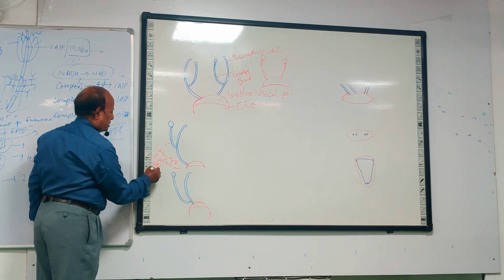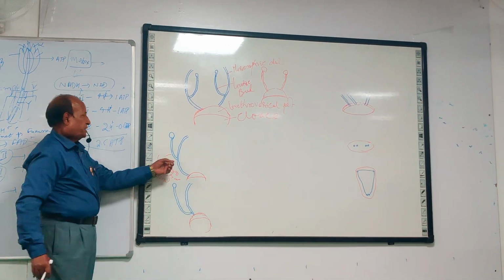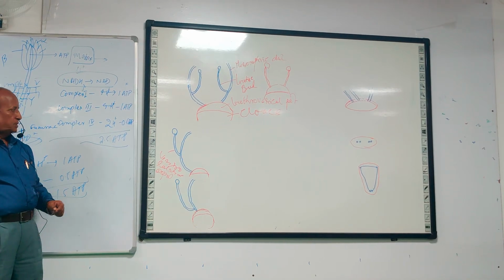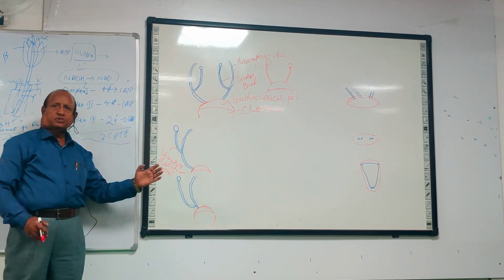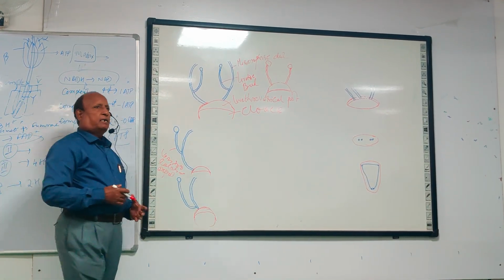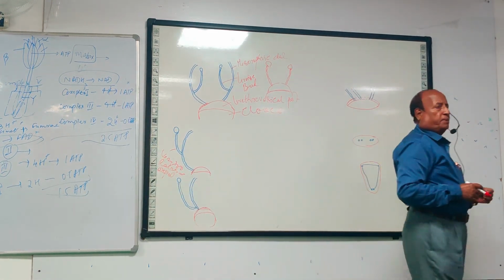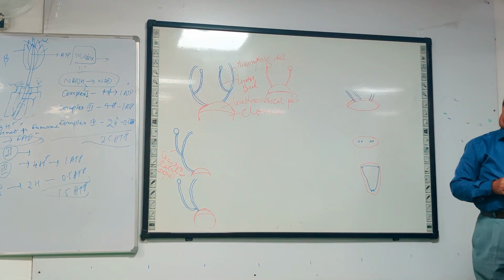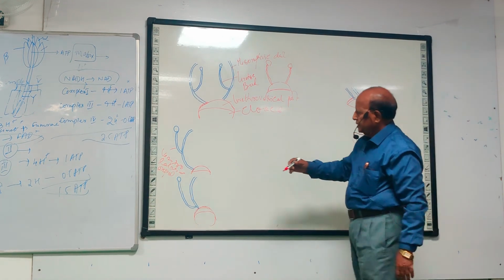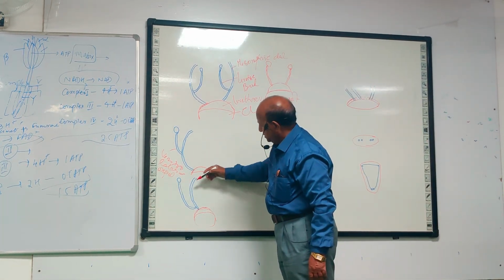Ventrolateral aspect becomes ventrolateral. And then what happens with the advancement of the development of the embryo, when there is an increase in size?